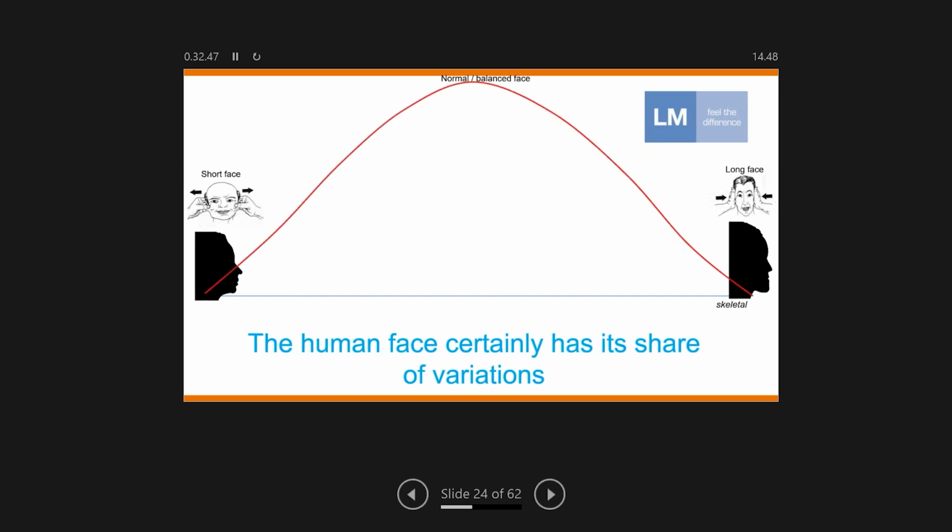Between these two extremes, there is a statistical distribution of the faces, and we have a very large number of normal, or balanced, faces. On the contrary, we have a small number of faces that become much more extreme in their structures.